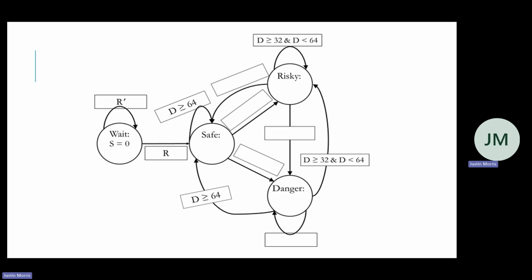If you're still less than 32. So yeah. If you receive these things, then the car speed lowers, but if you're in the risky region, car speed will decrease by 4 meters per second.